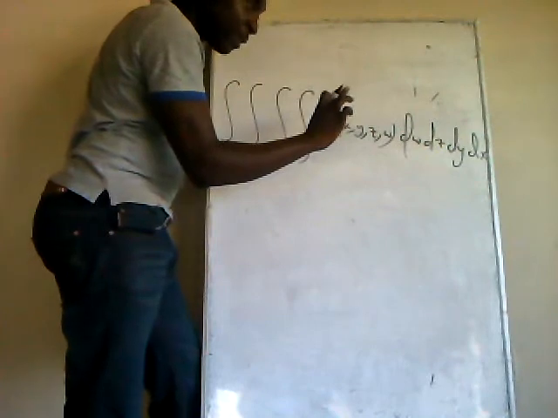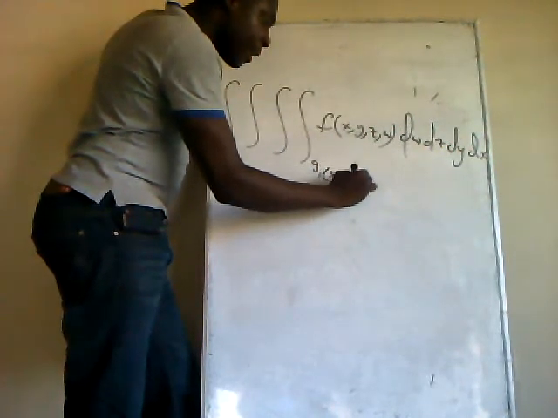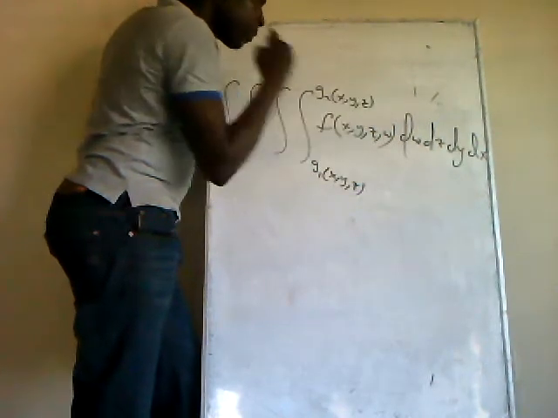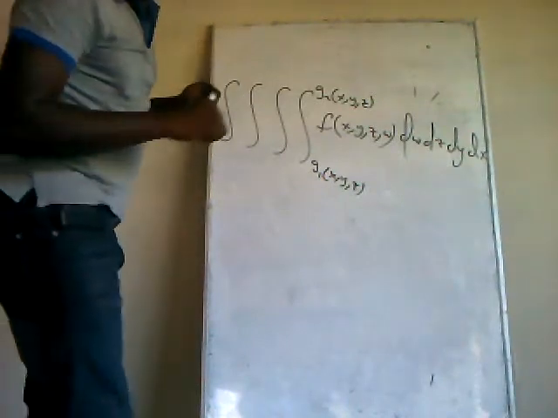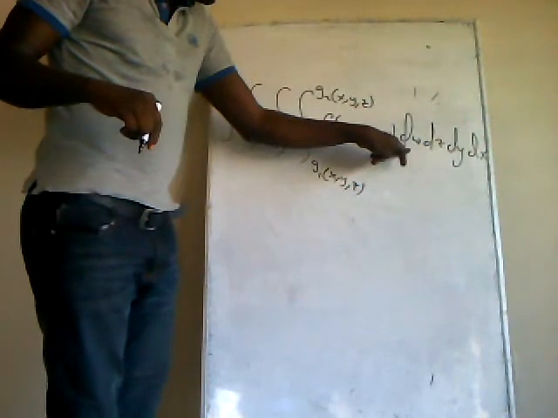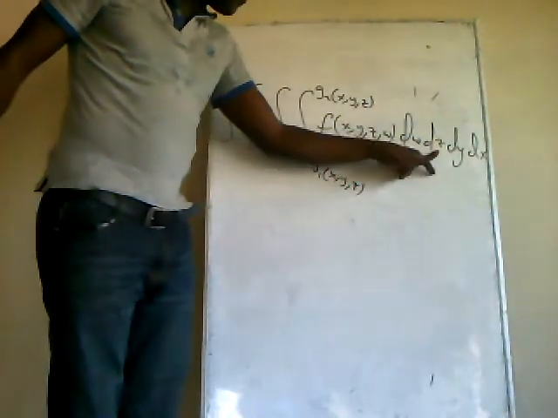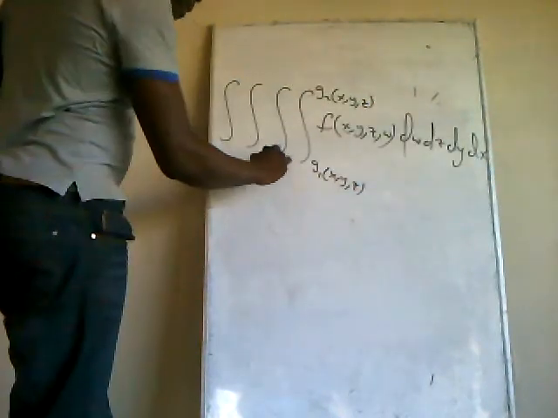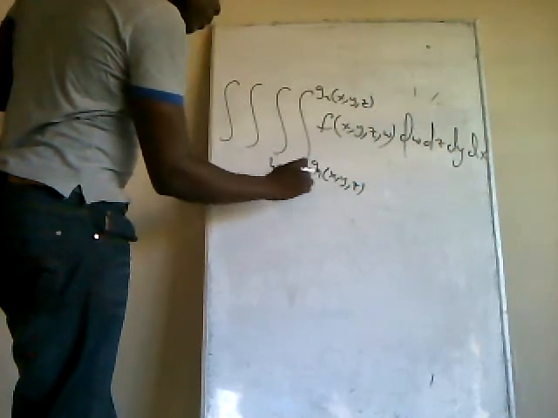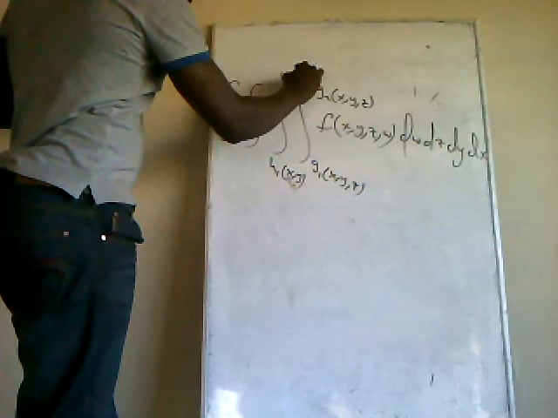So I'm going to write here g1(x, y, z) and here g2(x, y, z). Then this one corresponds to z; w has been taken care of, so the limits of z must be functions of only x and y. So I write h1(x, y) and h2(x, y).